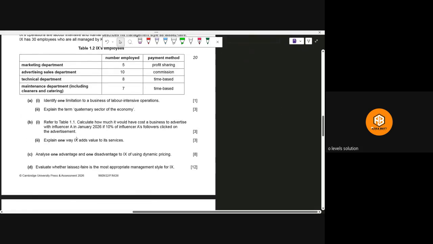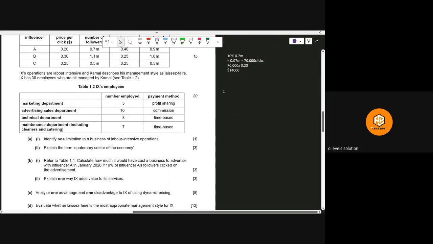Now the next question is to explain one way IX adds value for influencers. First of all, we have to write one way, and then we need to evaluate and analyze it.